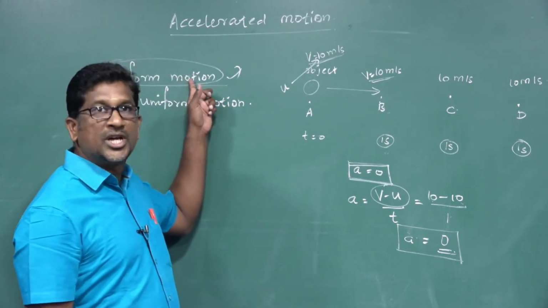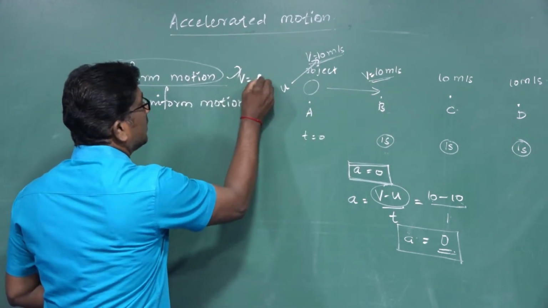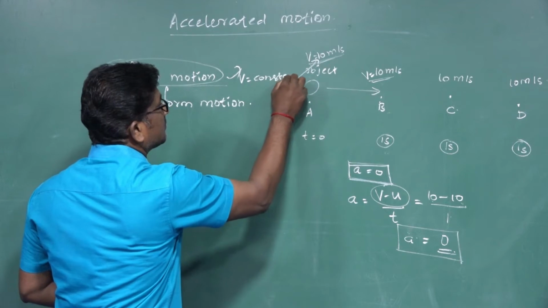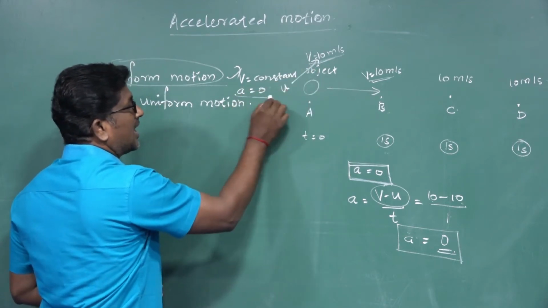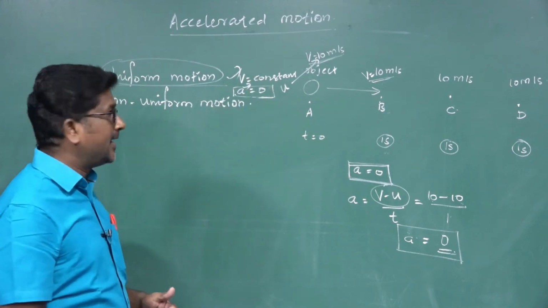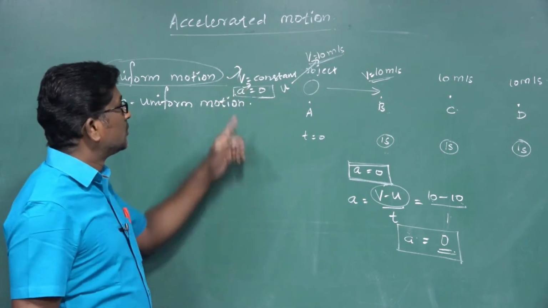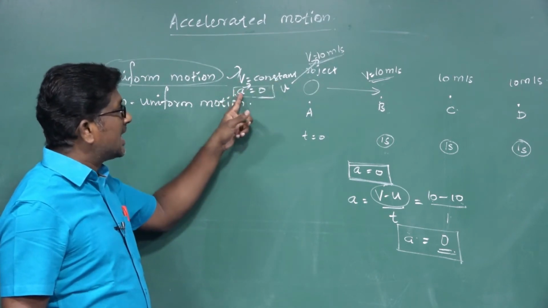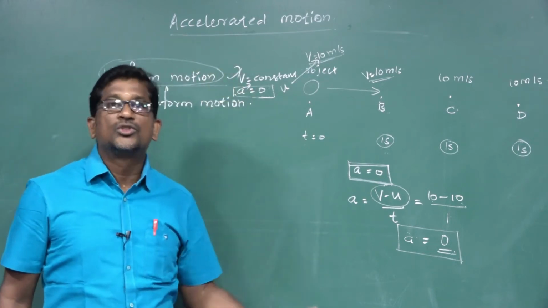In uniform motion, the particle velocity v is a constant, but the acceleration value is 0. Acceleration is generally represented by a small letter a, and velocity by a small letter v. So the v value is constant and the acceleration a value is 0 in the case of uniform motion. So this is one type of motion.